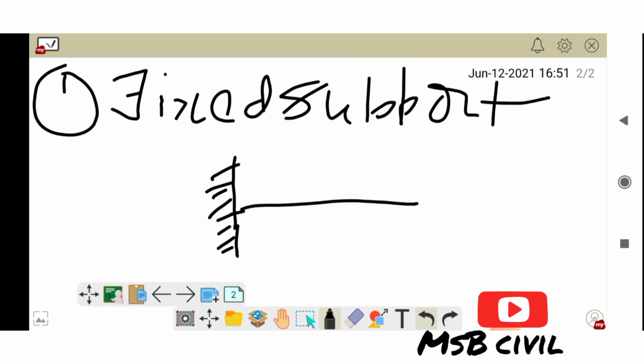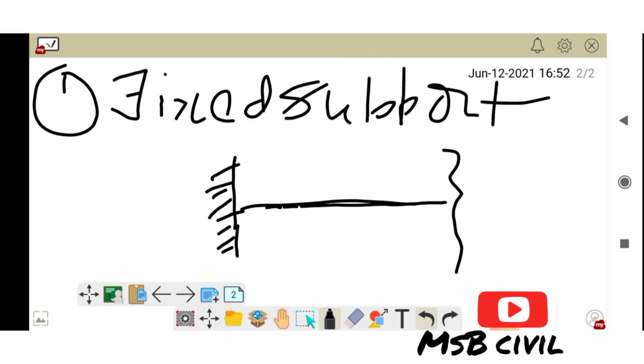This is a horizontal beam which is fixed over a wall.